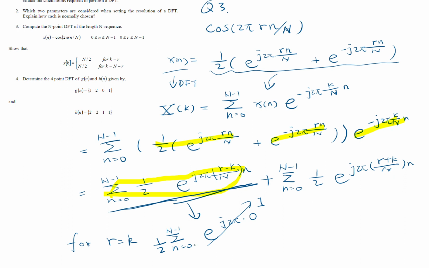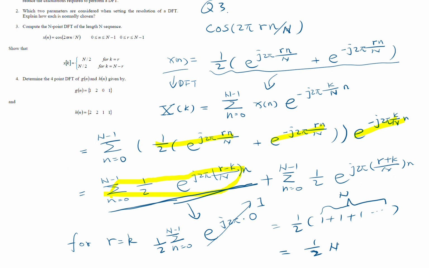You sum N pieces of 1, so it's 1/2 of 1 plus 1 plus 1 all the way. In total there are N ones, so that's N, and in total it is N over 2.